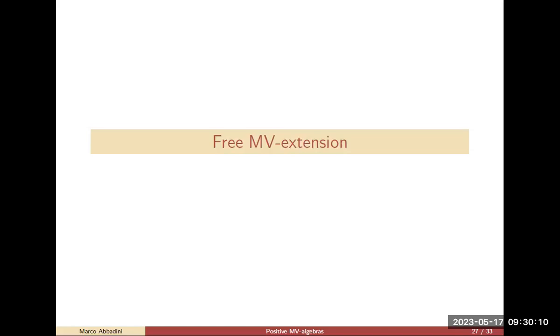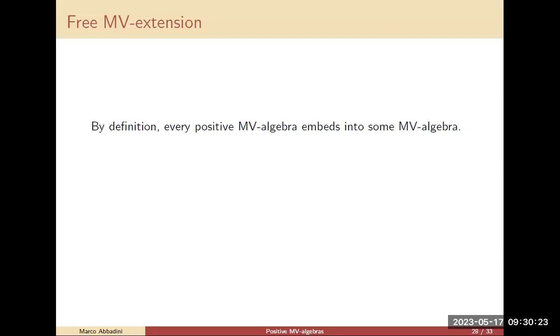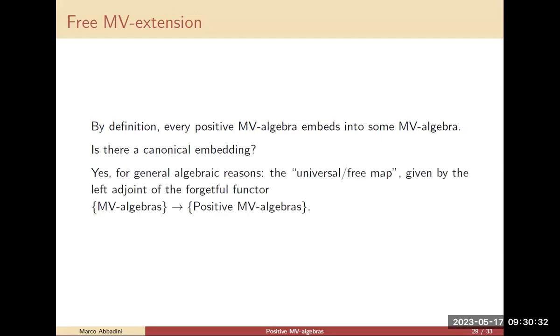Okay, so last thing, free MV extension. By definition, positive MV-algebras are the positive subreducts of MV-algebras. So they embed into some MV-algebra. But is there a canonical embedding? Yes, but this is kind of trivial.